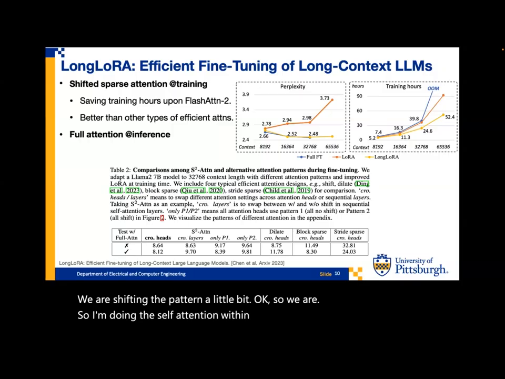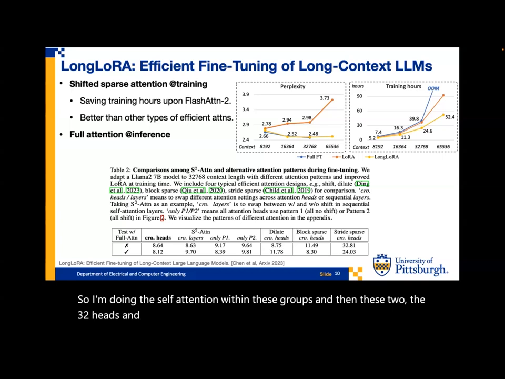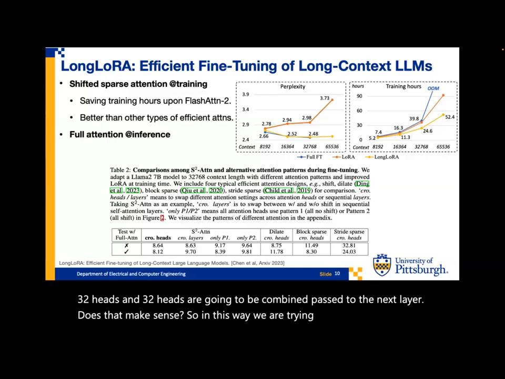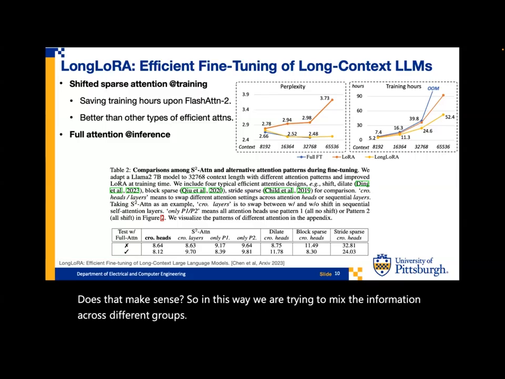And then the 32 heads and 32 heads are going to be combined and passed to the next layer. Does that make sense? So in this way, we are trying to mix the information across different groups. Okay, is that better? Okay.